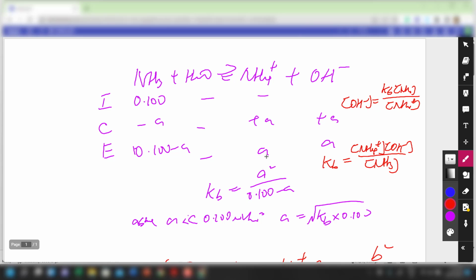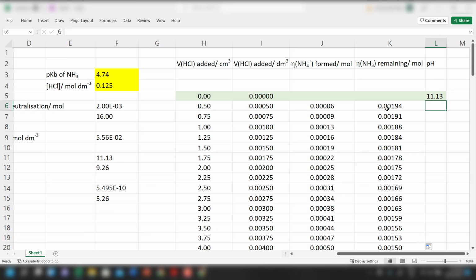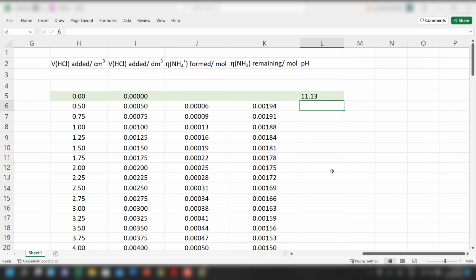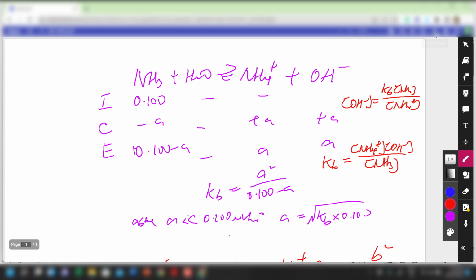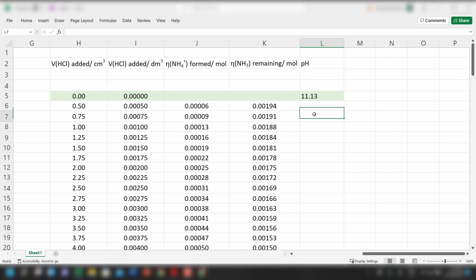And do we know the ratio? Yes, we do know the ratio. The ratio essentially is this cell over this cell, ammonia over ammonium. So I'm just going to determine the pH by inputting this formula into the cell. Essentially I think first we will just equate the KB.